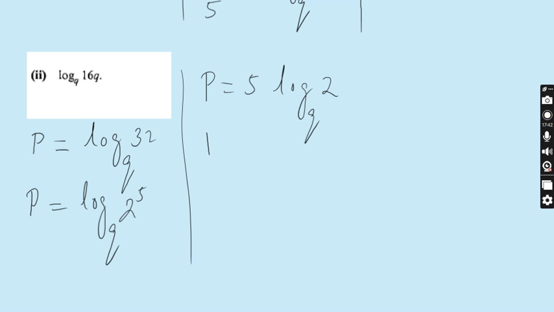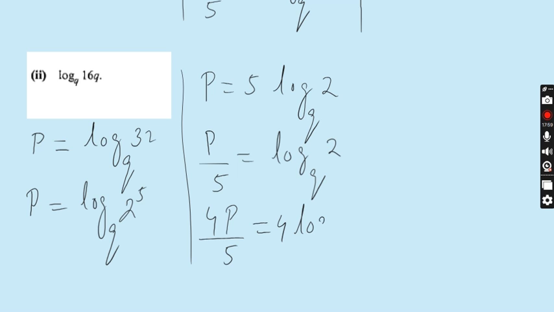This 5 must be divided on the other side, log q 2 is p upon 5. Multiply both sides by 4. 4p upon 5 is equal to 4 log q 2.